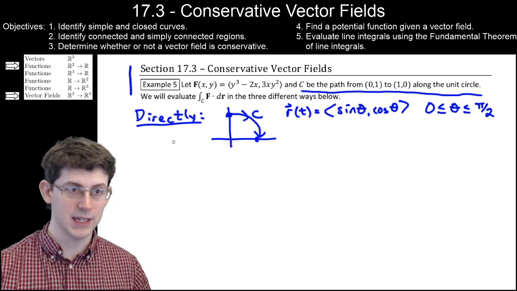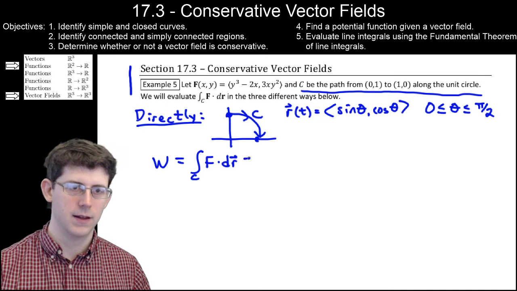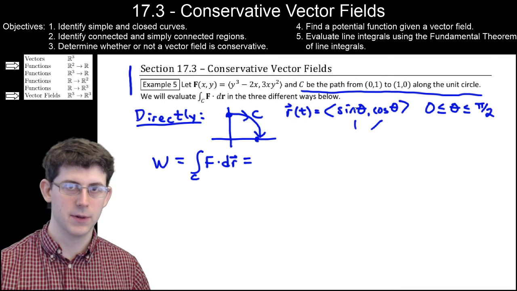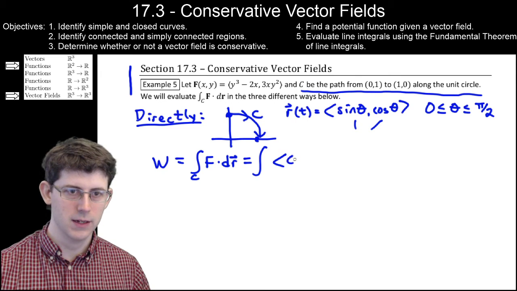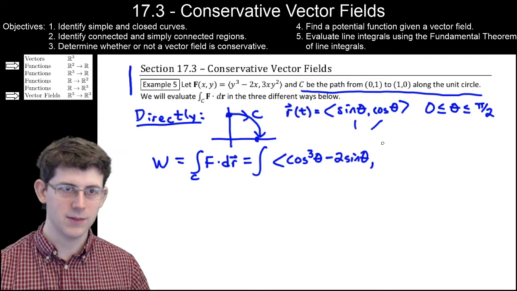So here's my parametrization. Then the work done is the integral of F dot dr. F is all this stuff, and the x's and y's come from my parametrization. So I'm going to integrate y cubed minus 2x, 3xy squared.